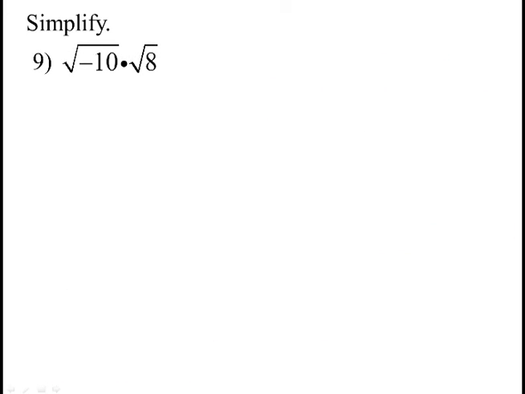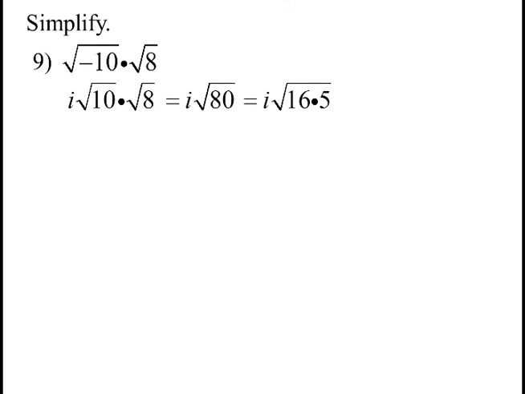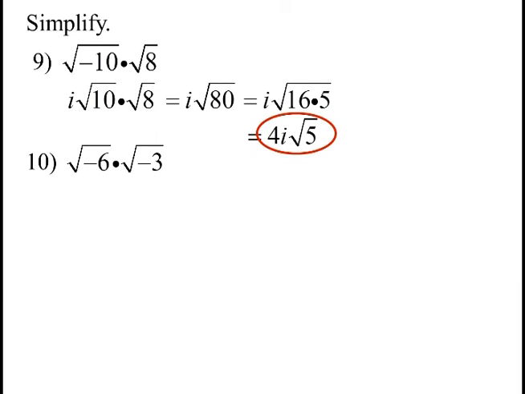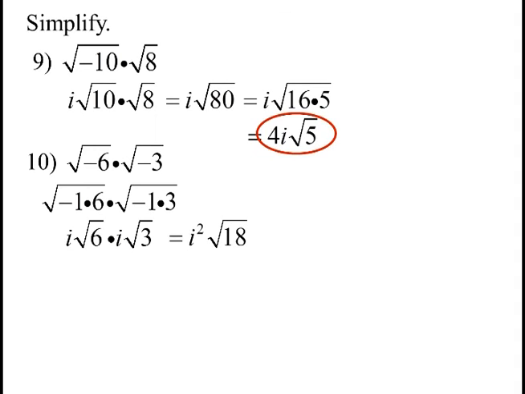Now try these. This would be i root 10 times root 8. That's i root 80. There's a perfect square factor of 16 in there we can take out. So it's 4i root 5. Here we can't just multiply them. We already talked about that. We're going to have to simplify this as i root 6 times i root 3, which will be i squared root 18. i squared is negative 1.